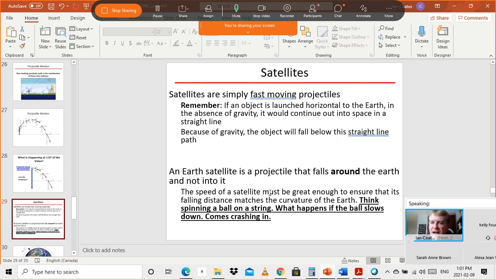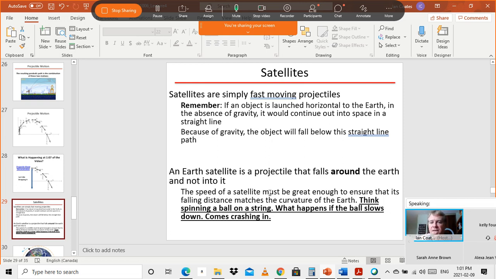It's gravity that makes objects fall. And if we launch a rocket horizontally towards the horizon, gravity is going to make it come back down. But an Earth satellite is a projectile, it's weird to say this, that falls around the Earth and not into it.